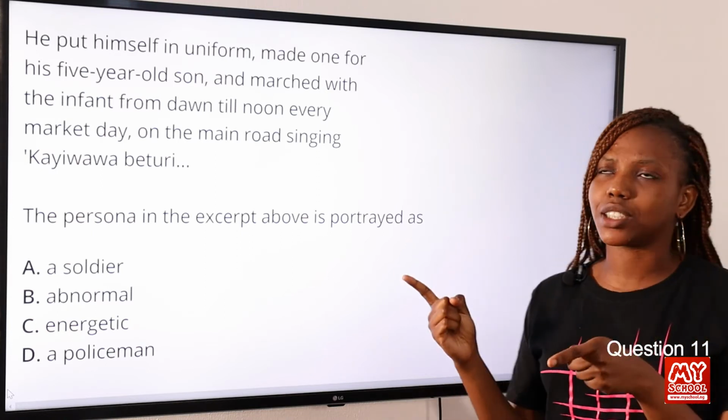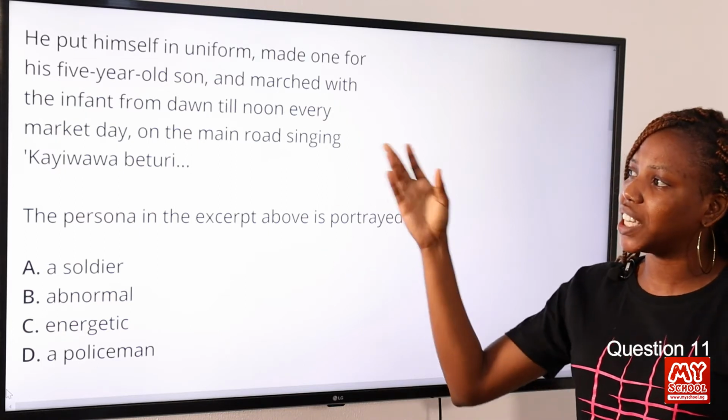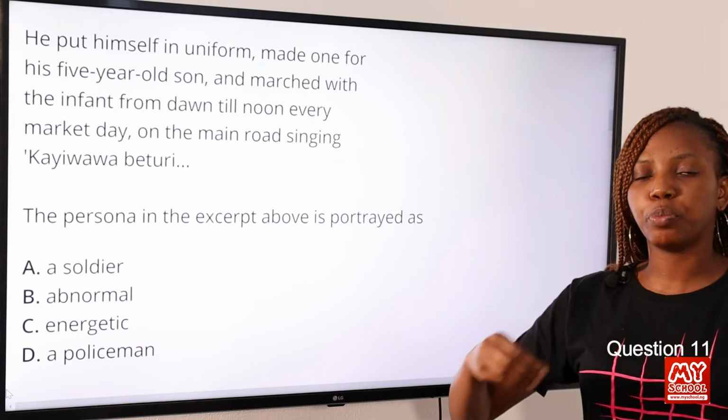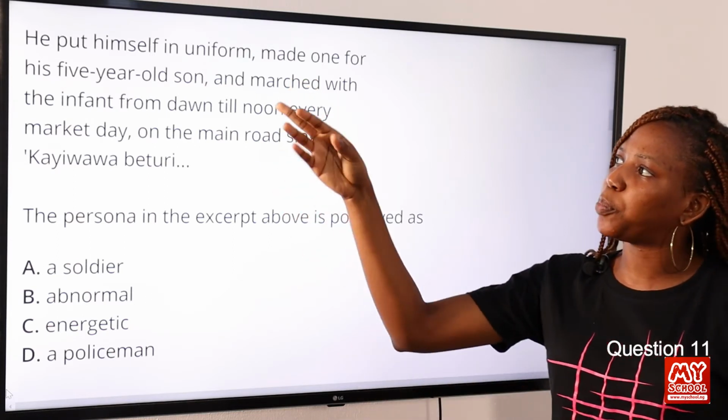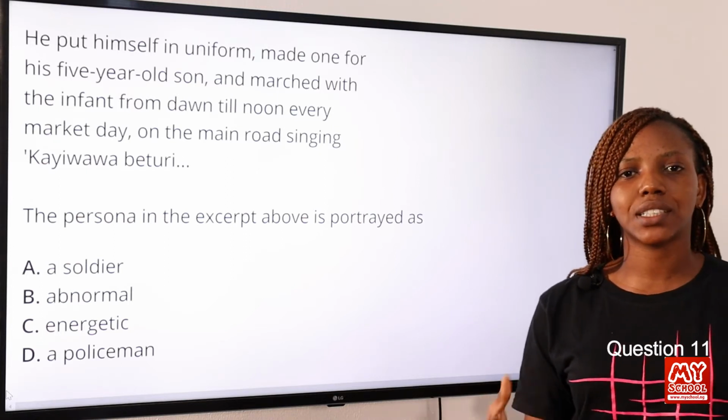Let's go back to the excerpt. They are telling us that we should describe the persona in this excerpt. How can you portray him? He put himself in a uniform, so we need to imagine this to be able to answer this question.